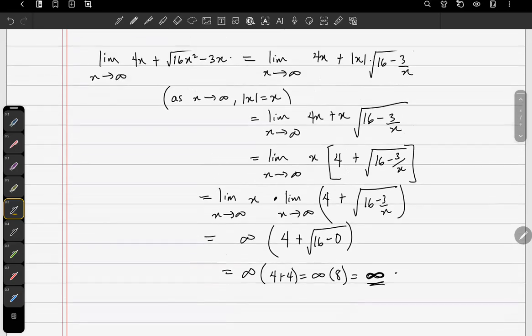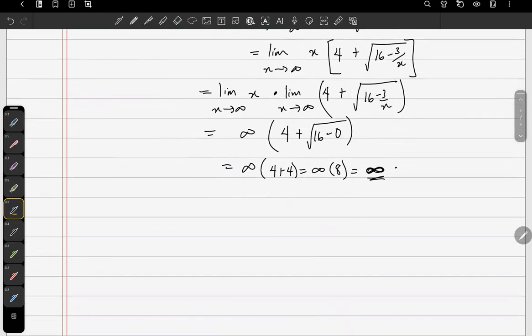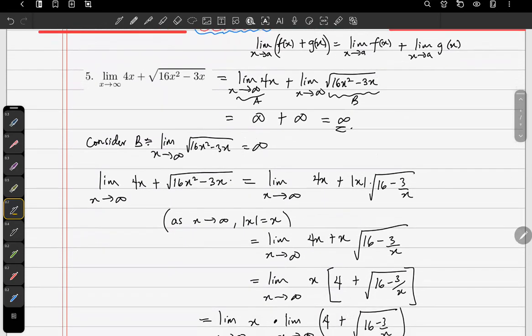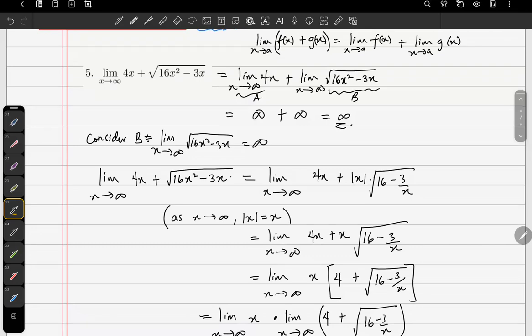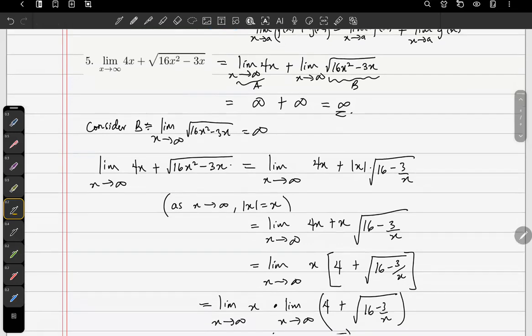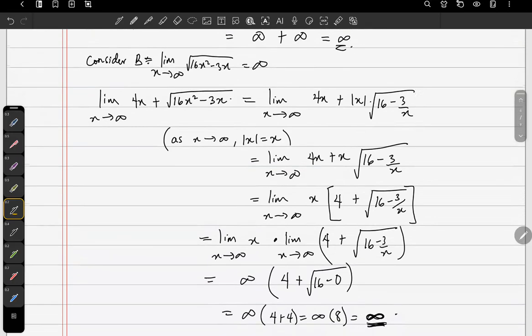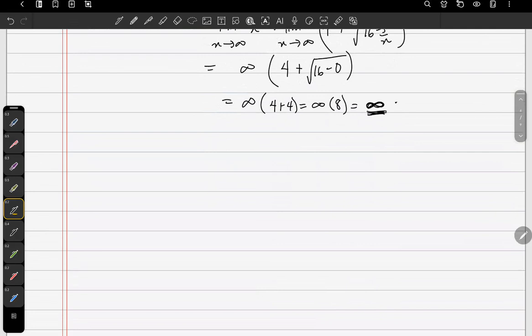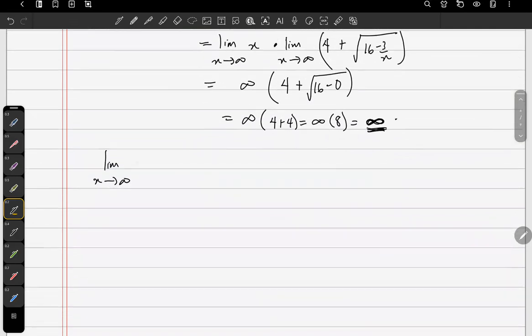Mind you, this is infinity. We cannot use the same method that we used to solve the question when it had a negative sign, because we would end up in a place where we do not like. So what do I mean? If we say the limit as x goes to infinity of 4x plus the square root of 16x squared minus 3x, and I decide to multiply by the conjugate.